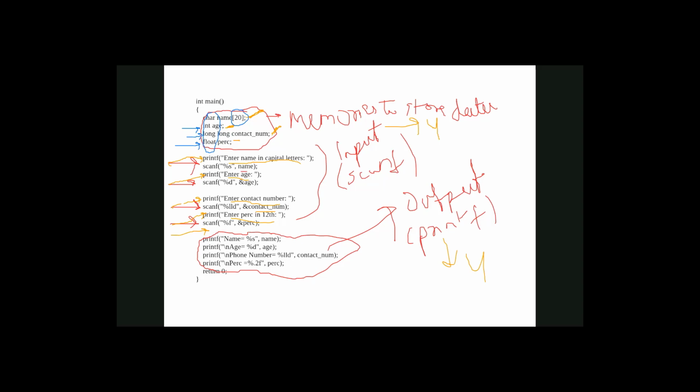So there are nearly three types of memories: int to store the integers, float to store the decimal, and character to store the characters like ABCD. So int will store 1, 2, 3. Float will store like 1.81, and character is like ABC.